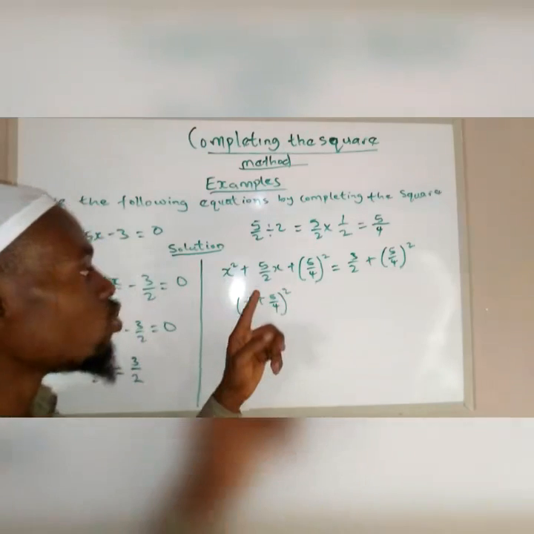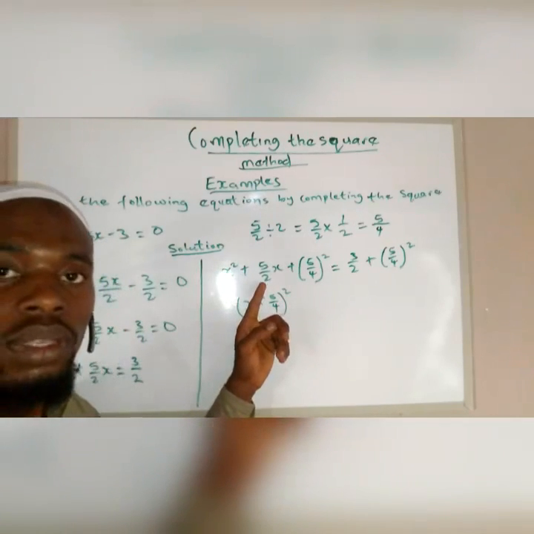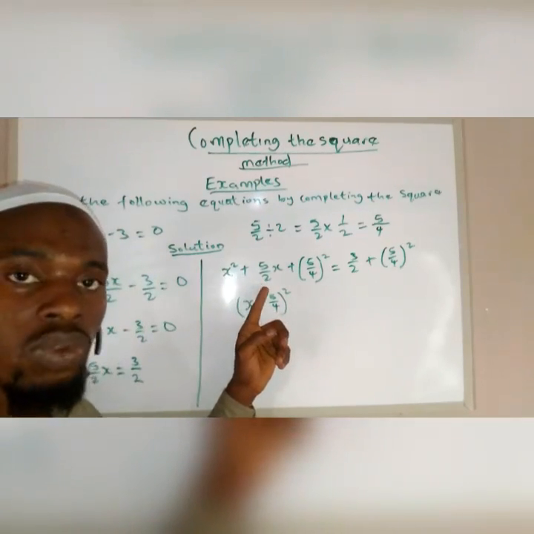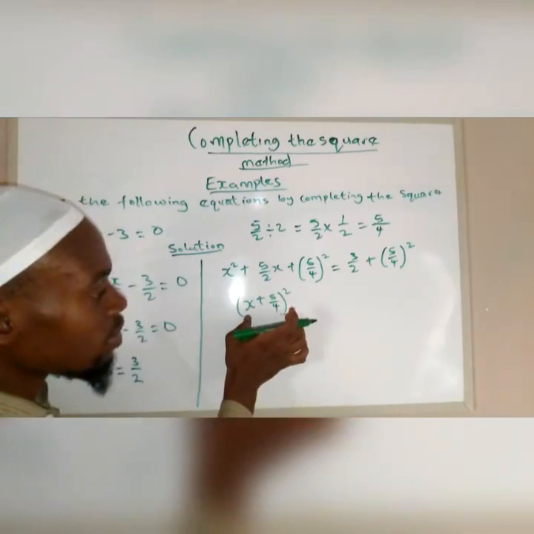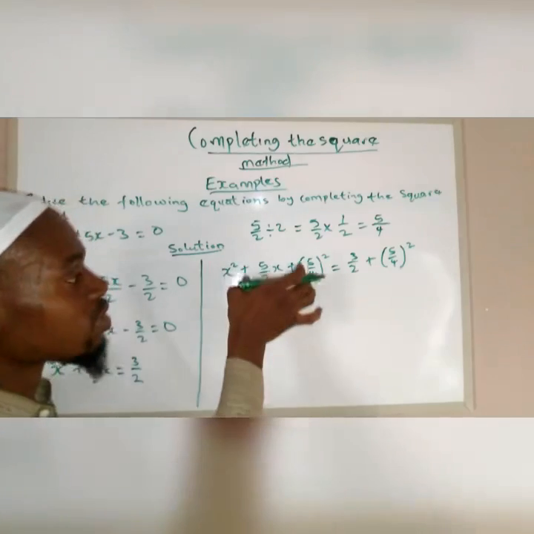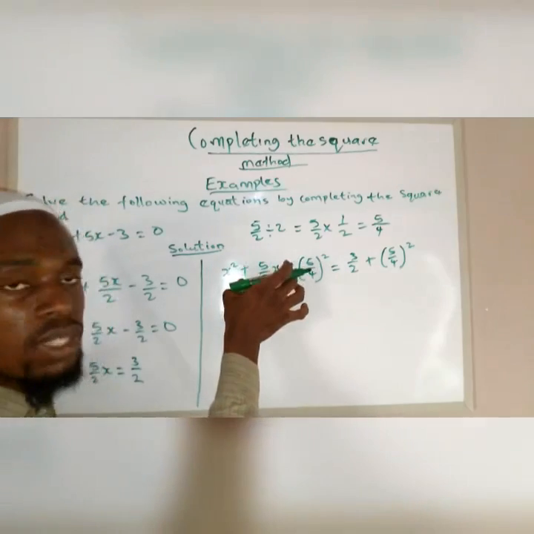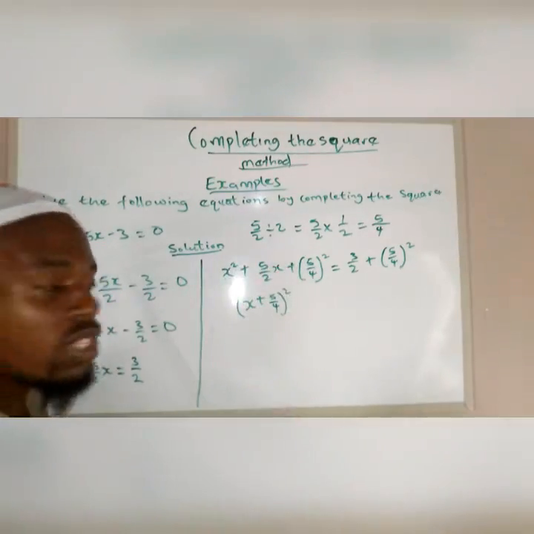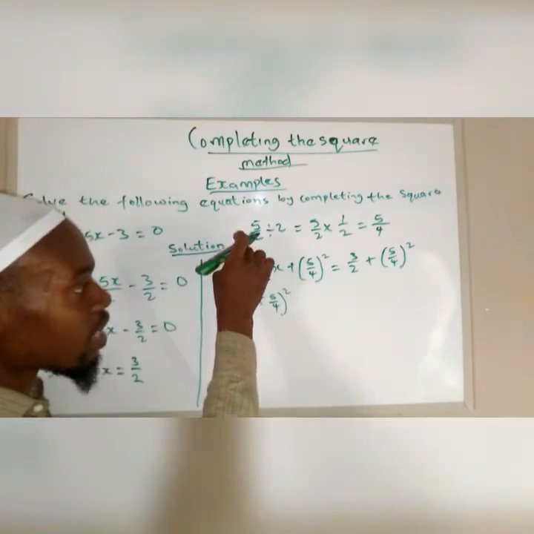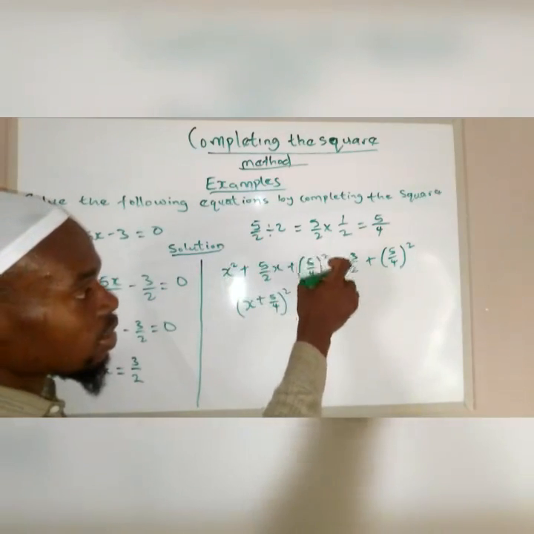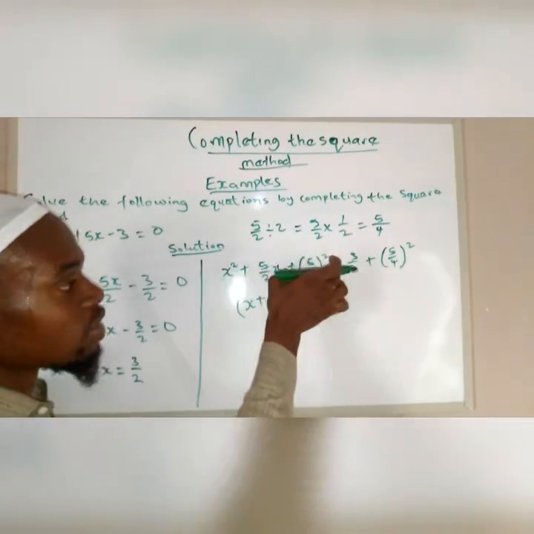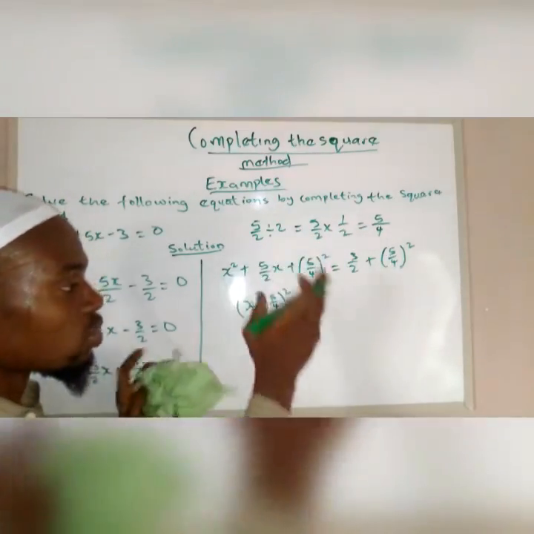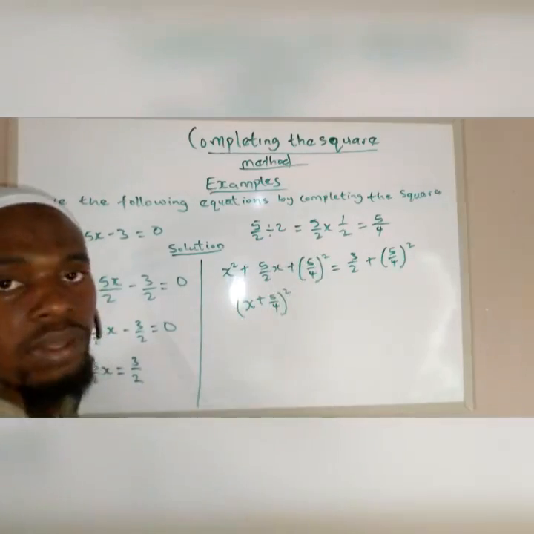You see now that we are omitting a term here, which is 5 over 2 x. So when you expand this, you are definitely going to get this back. So what you need to do is just take the x that is having a square and the term here that is having a square, the two terms that are having square, then add them together, bracket it, then square it.